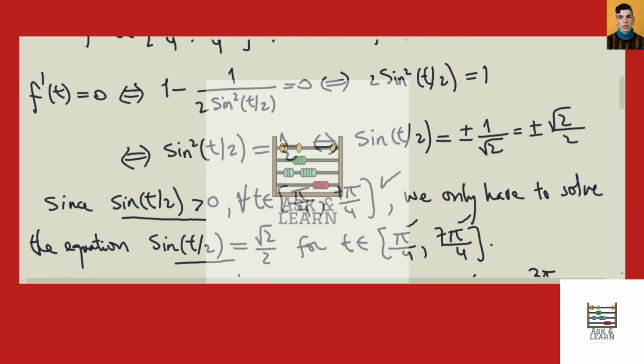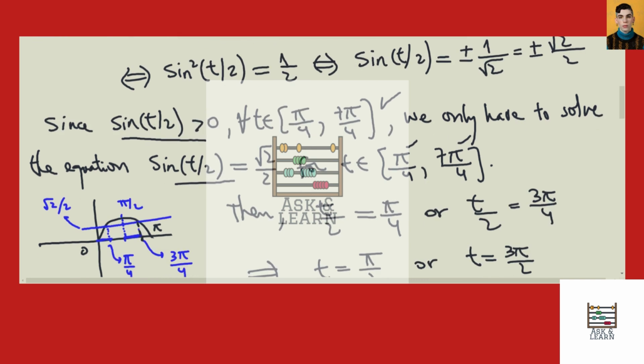That's why we arrived at apparently two different equations to solve, but in fact it's only one, because the negative sign cannot be considered, since sine of t half is positive for all t in the given interval.